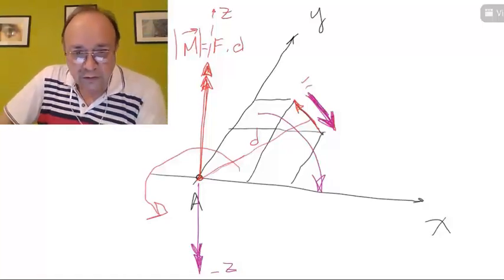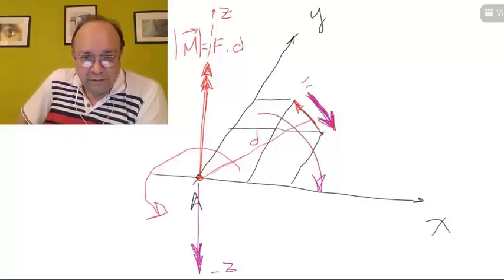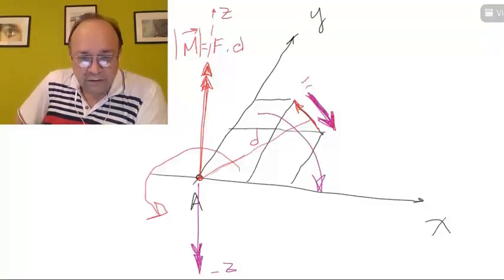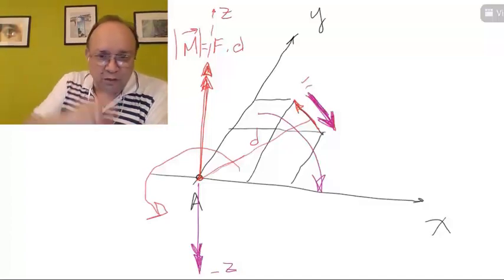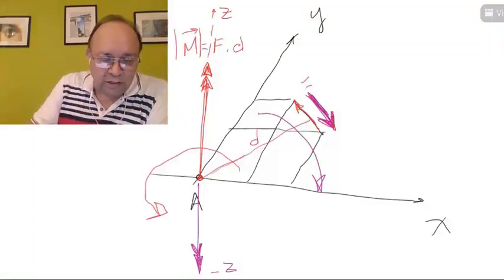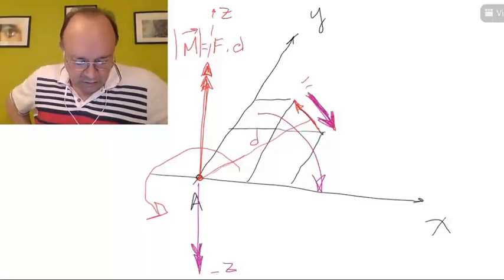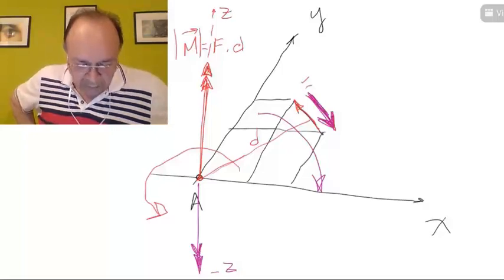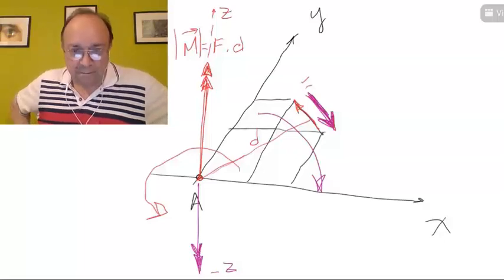So that's another consideration that we have to make about moments. Moments have direction, or we talk about the plane. Moments will go clockwise or counterclockwise, and that's enough for our calculations in this class. We only work with forces in the 2D plane in order to calculate moments.